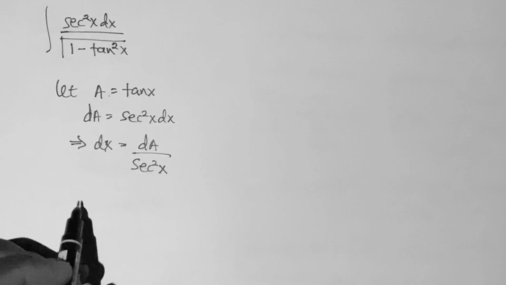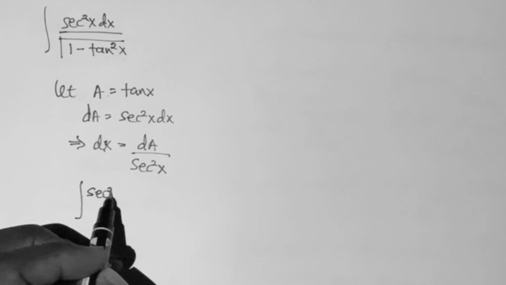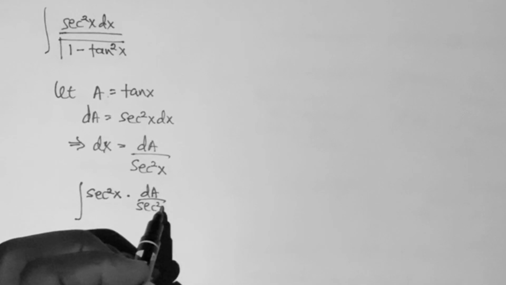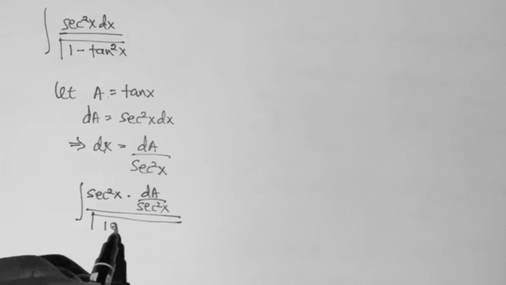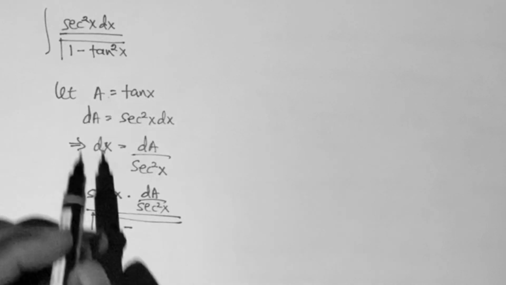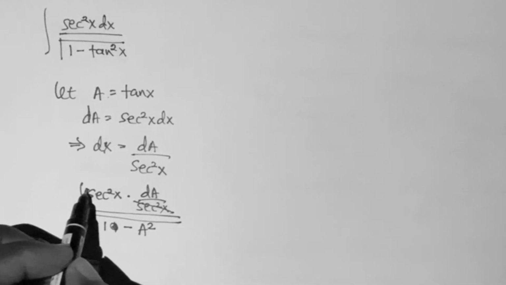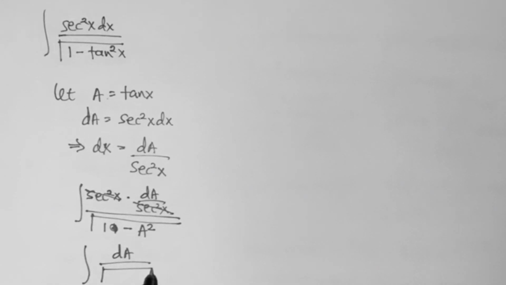So this integral becomes the integral of sec squared x, then dx is dA divided by sec squared x, then divided by the square root of 1 minus tan squared. Now a is equal to tan x, so tan squared x is a squared. So this sec squared x and sec squared x will cancel, and the integral becomes the integral of dA divided by the square root of 1 minus a squared.